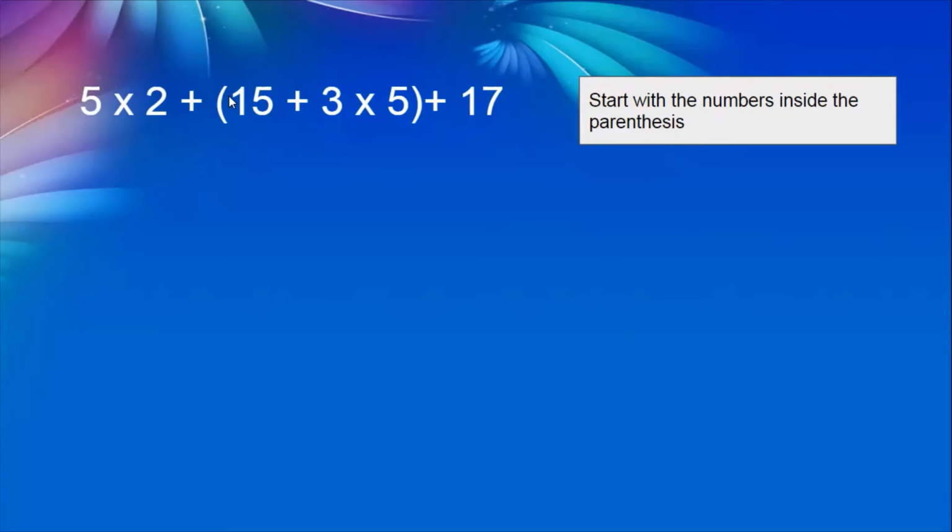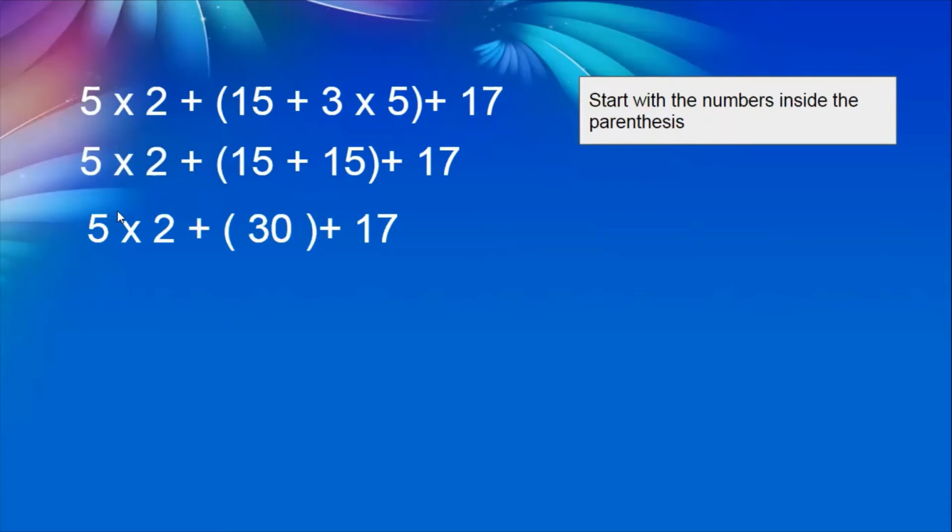We have 15 plus 3 times 5. As we can see, we have 2 operations, but we need to do the multiplication first before we add. So 3 times 5, that is 15, and 15 plus 15, that is 30.